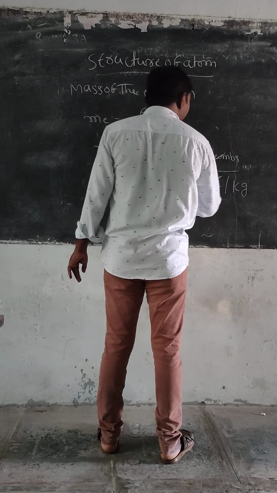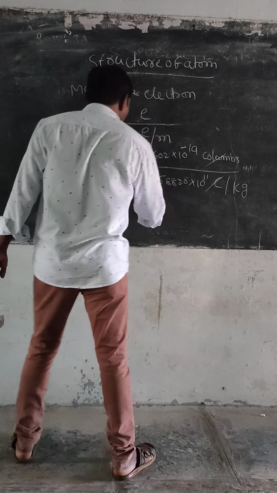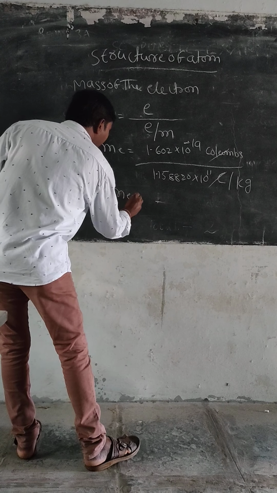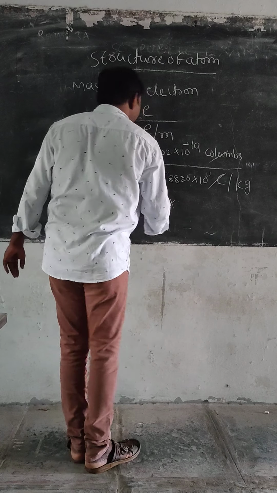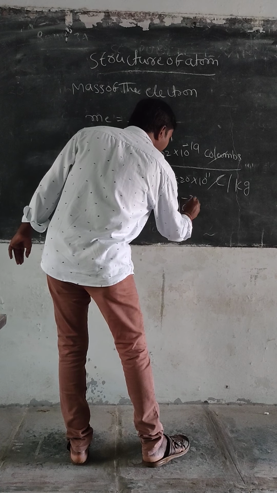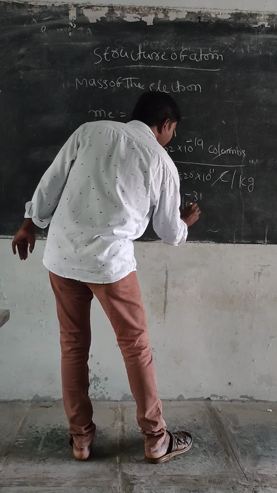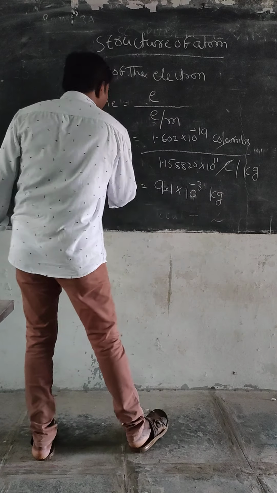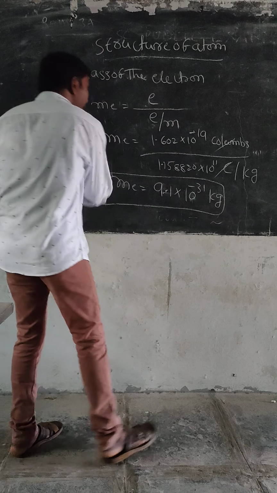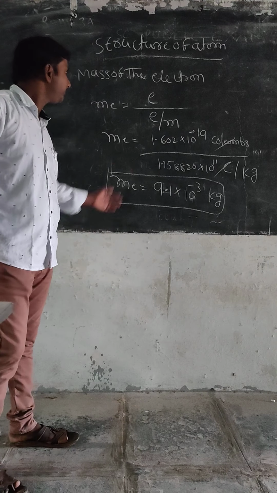The coulombs cancel. Finally, mass of the electron equals 9.1 into 10 power minus 31 kilograms. This is the mass of the electron.